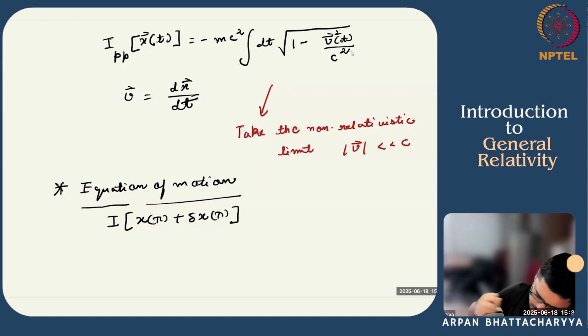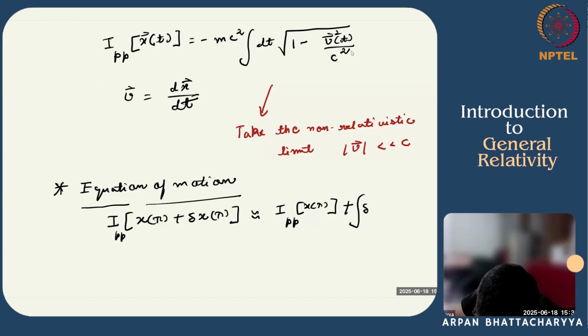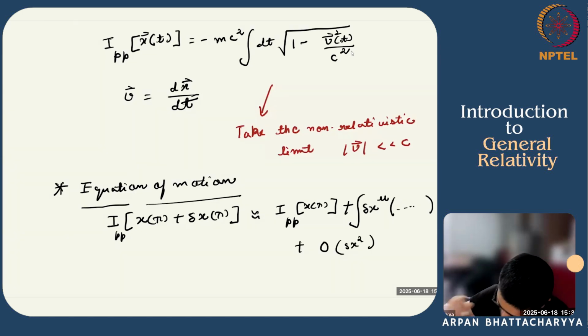Then you can expand it, and you have to do some integration by parts, with some boundary term, and then you will have something proportional to delta x mu dot something. I'm writing it very schematically, and you have some stuff which is delta x square, and then you have to set the difference between these two to 0, which will make these two 0, and that gives you the Euler-Lagrange equation.